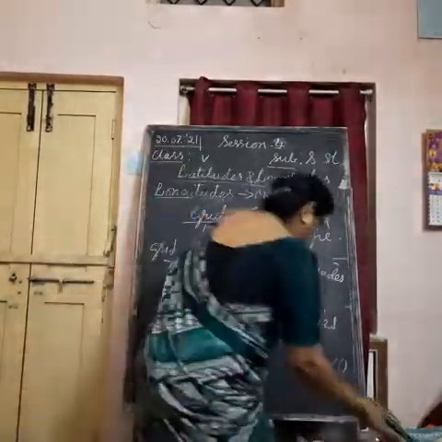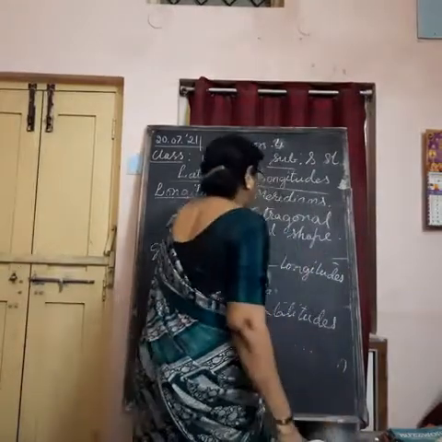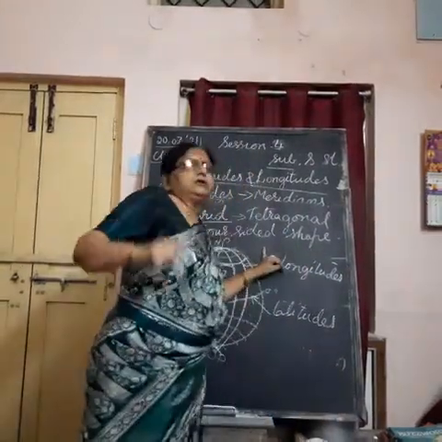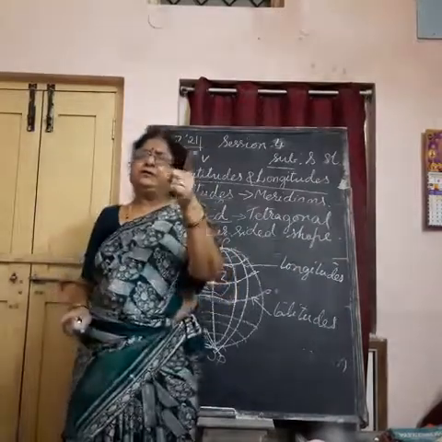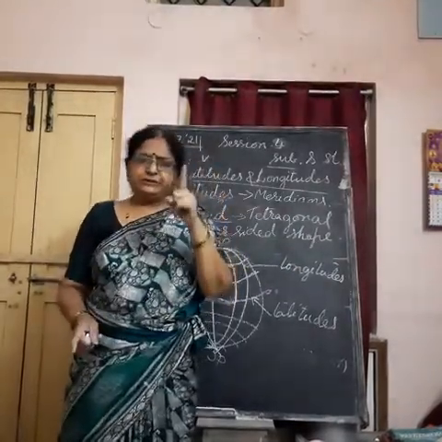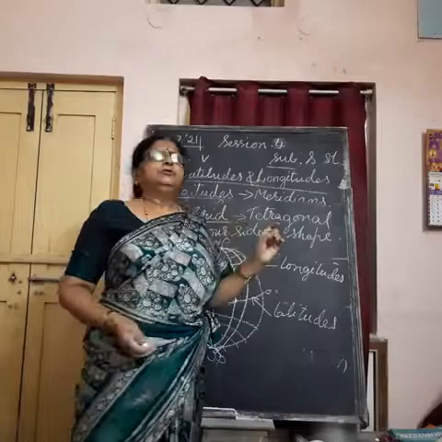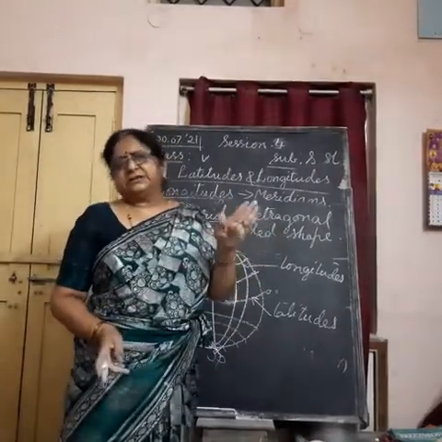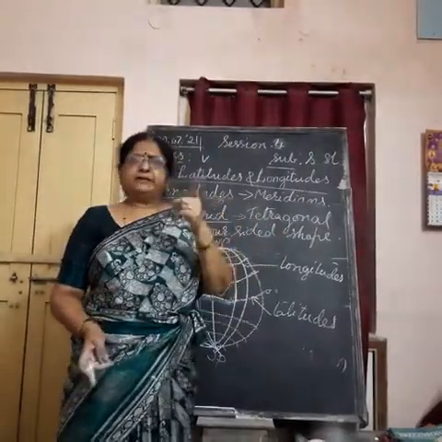And one more thing about these longitudes: each longitude is measured 1 degree. Total 360 degrees. So 1 longitude, 1 degree.